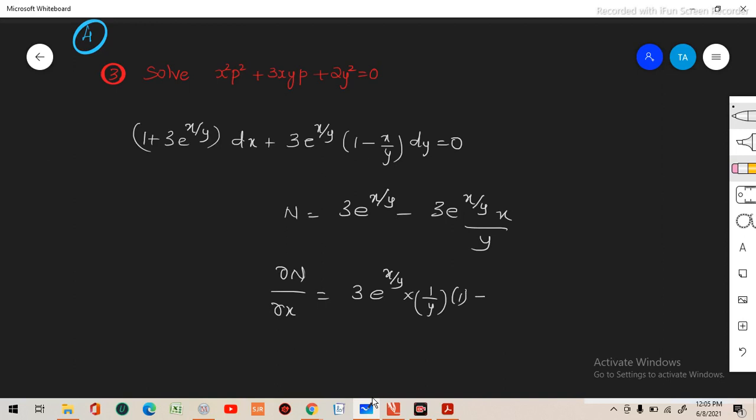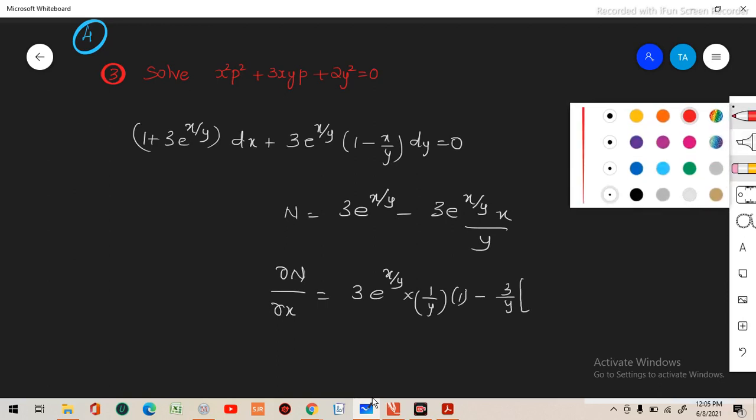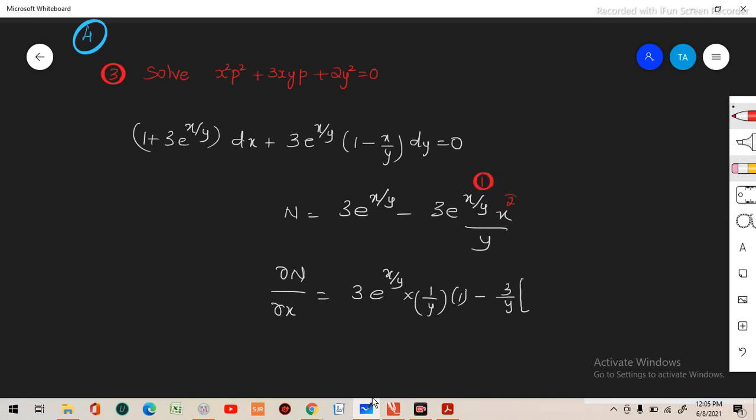Minus, in this 3 by y is constant, I have kept outside. Now I have two functions, first function and second function, and we can directly apply the product rule, no integration required.